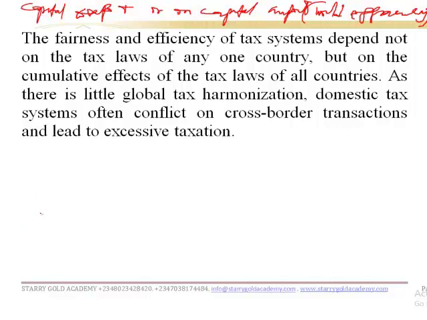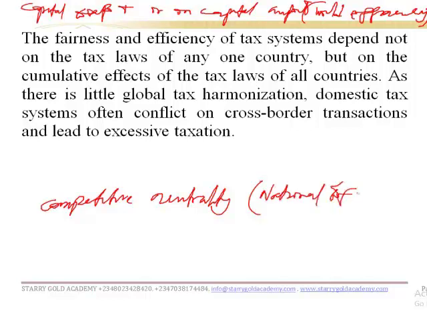We call it competitive neutrality, to ensure that the investment decisions of domestic and foreign investors in their country are on par. That is national efficiency. So while capital exports promote world efficiency, capital imports promote national efficiency. Are we together?